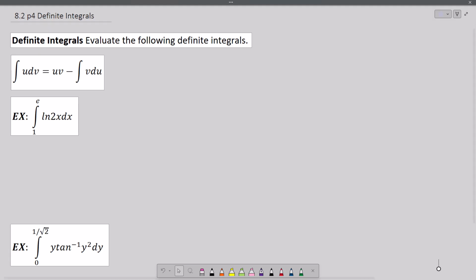Let's see. Can I trust you with this first one already? I think I can. So you all tried this one. So there's only one function, but it's a log function. So stick that log with the u. And then your dv would just be dx.